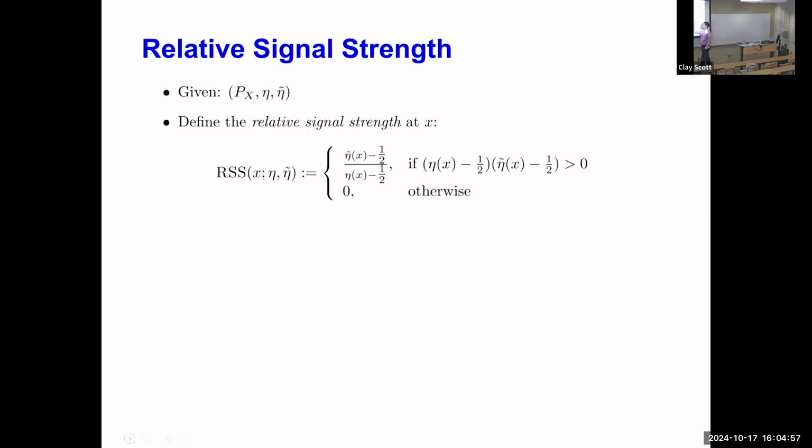It would be in a setting where maybe the clean Bayes classifier has a low confidence for a given x, but the noisy Bayes classifier actually has a higher confidence. That would be a very advantageous setting. It's maybe unlikely, but that would be an advantageous setting. So call that high relative signal strength.